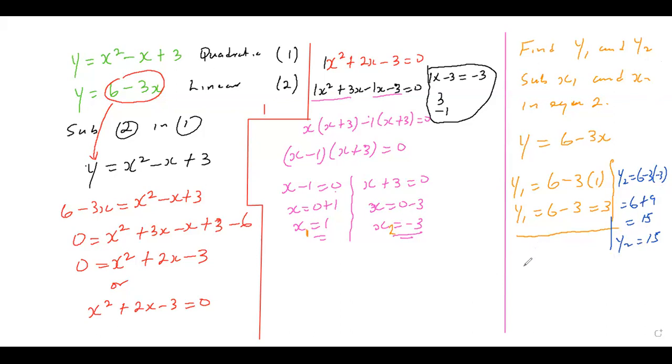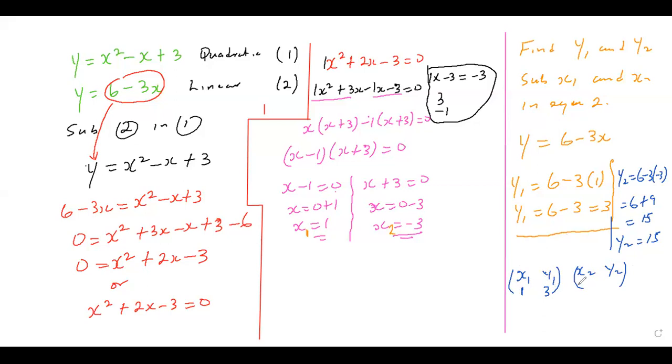So how do we write the answers, right? We are going to write the answers now. When x1, you are going to write x1, y1 in one bracket. Then you do another one, x2, y2 in another bracket. So let's see now. When x1 is equal to 1, my y1 answer is what? 3.